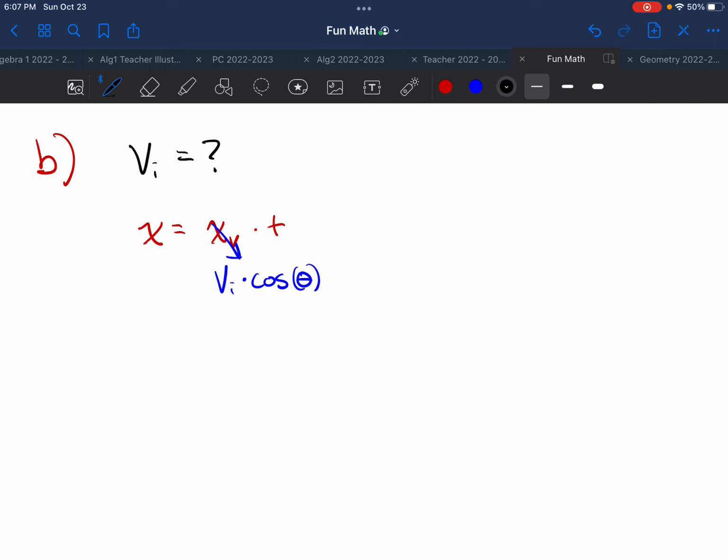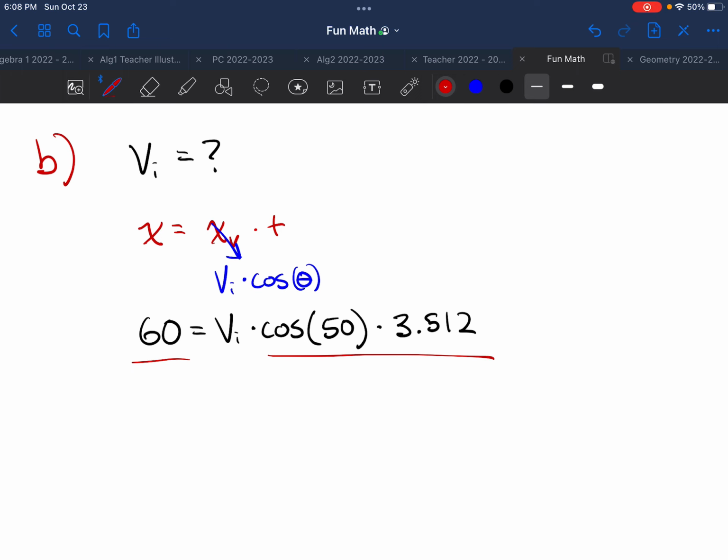So I fill in: I'm going to travel 60 meters, which is equal to the initial velocity, which we don't know, times cosine of the angle, which is 50 degrees, multiplied by a time, which we do know, about 3.512. I can solve for the initial velocity by dividing by those two terms.